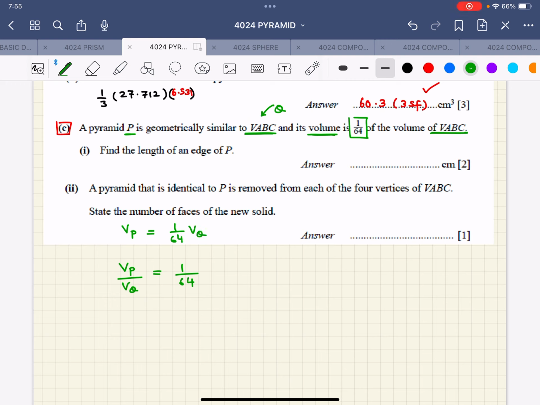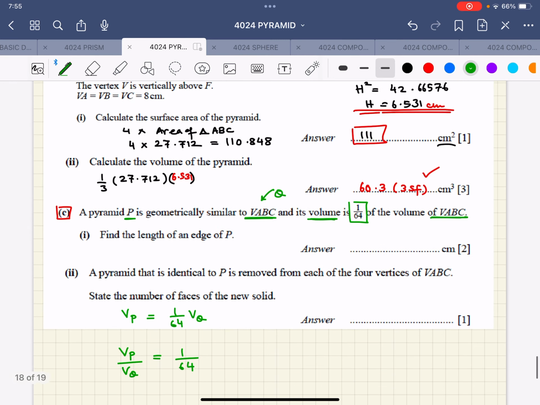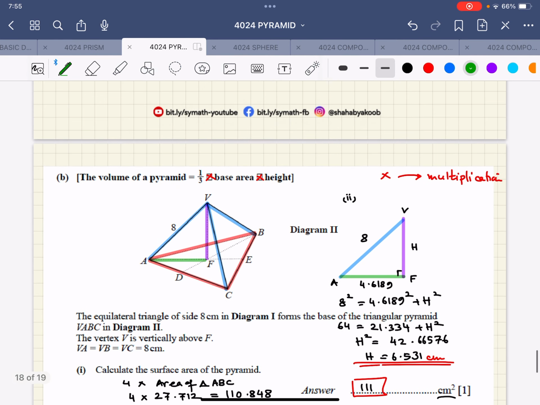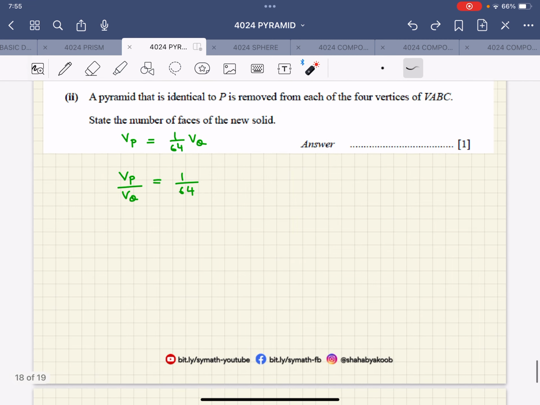Now it says find the length of an edge of P. Do we have the length of an edge of this triangle? Yes, we have, which is 8. That's right over here. So therefore, I can write the ratio of length of P to length of Q. Let me compare these two.